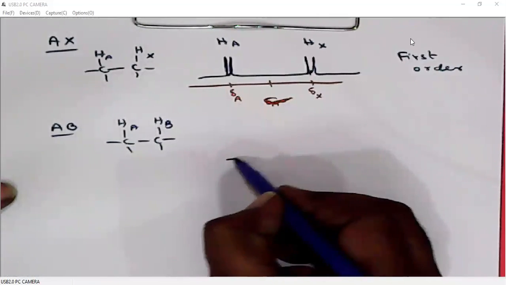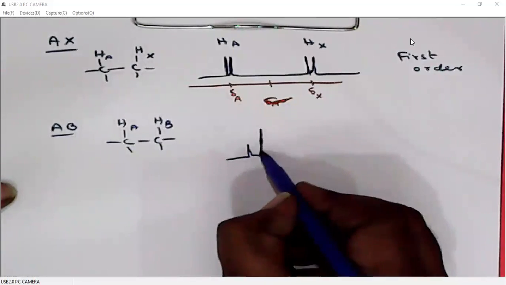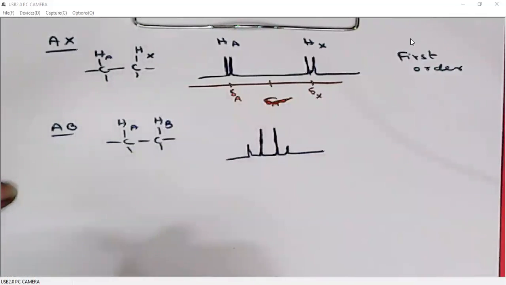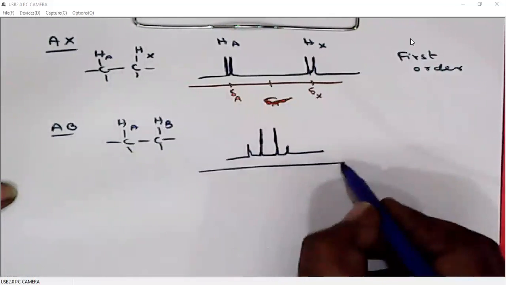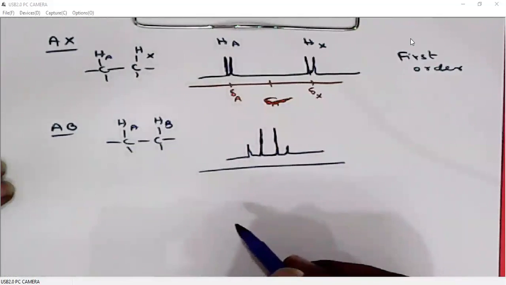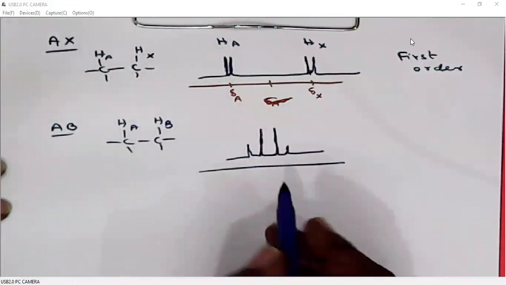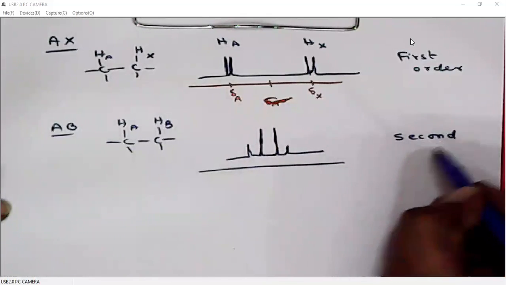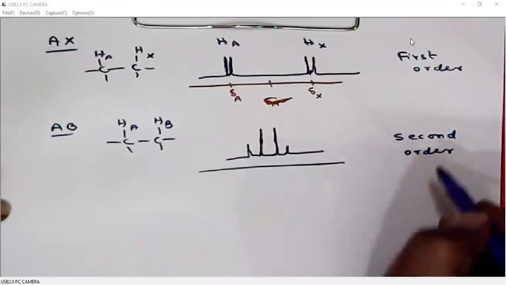For example, if it becomes complex like this, then this is a second order spectrum.